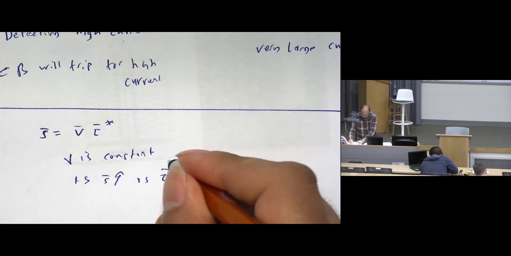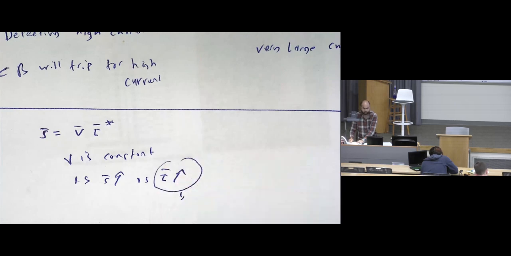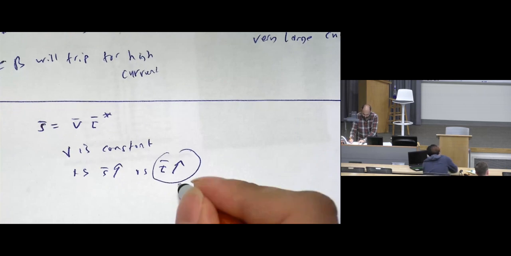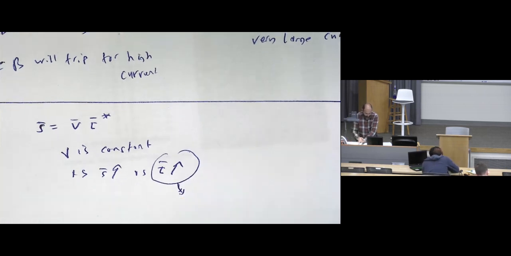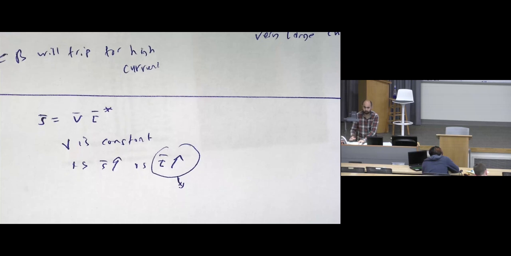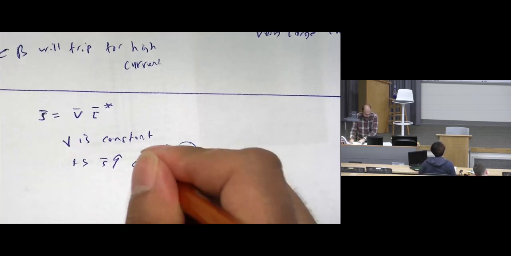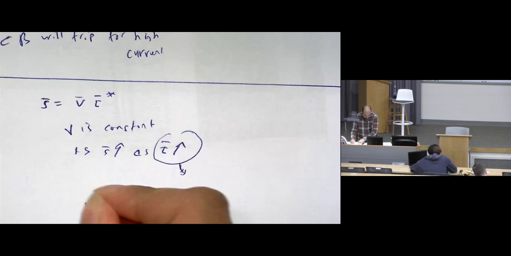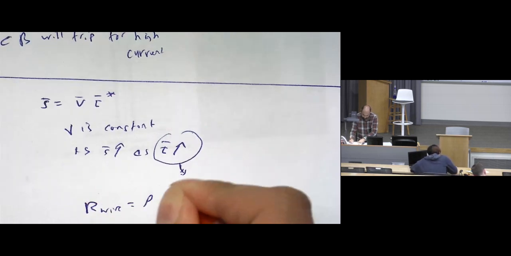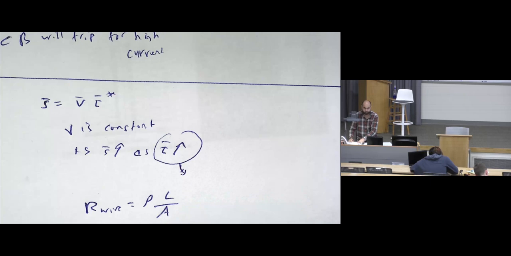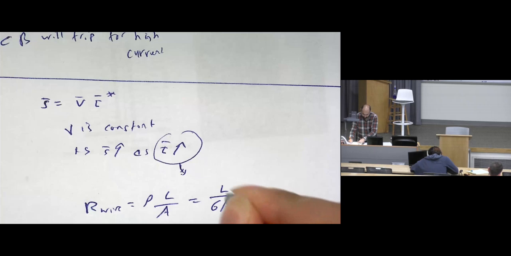When I increases, or when there is a short circuit happening, this will make the limitation go to the electrical system. We know the resistance of the wire is rho L divided by A, or L divided by sigma times A. And we know the losses will be I squared times R.